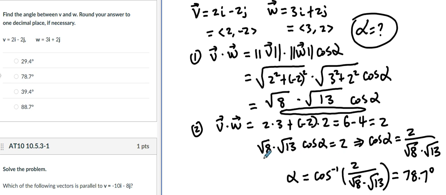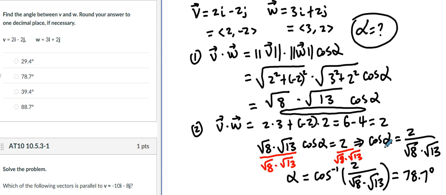Now you know the left-hand side is radical 8 times radical 13. Then what we can do is divide both sides by radical 13 times radical 8, and you cancel on the left-hand side.